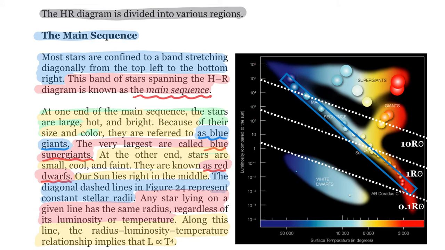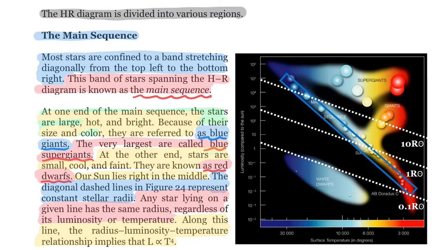We can see they have very high temperatures, but they also have very, very large radii in comparison to the sun. And because of their high temperature, they have high luminosity, and therefore visually they produce a lot of electromagnetic radiation in the blue region because they have such high surface temperatures, 30,000, 40, 50,000 Kelvin.